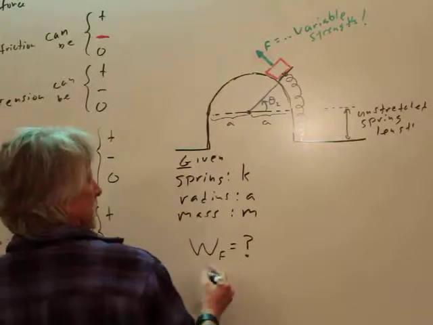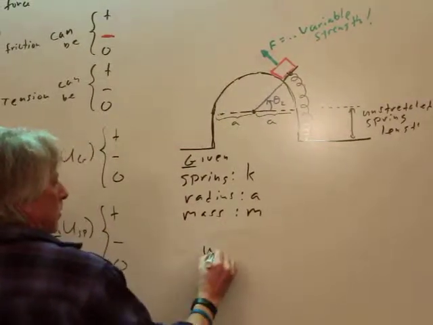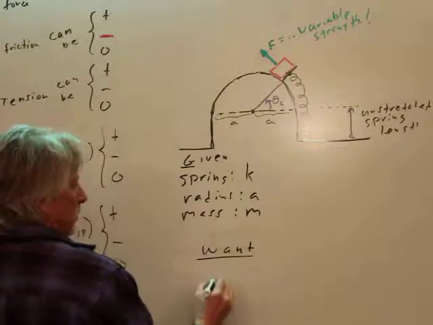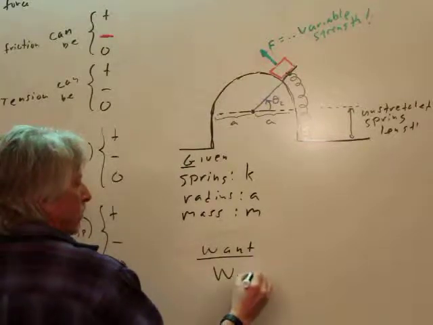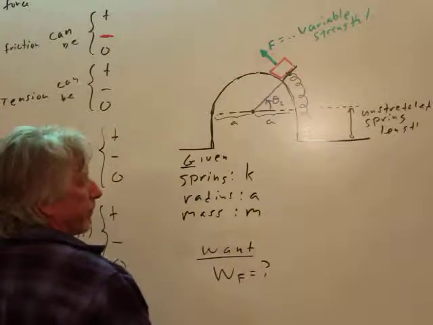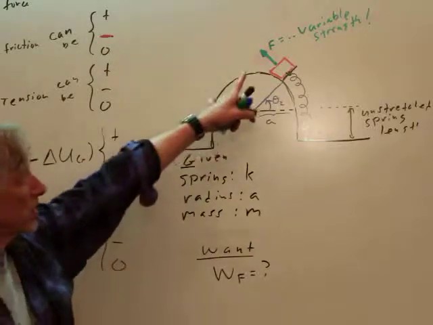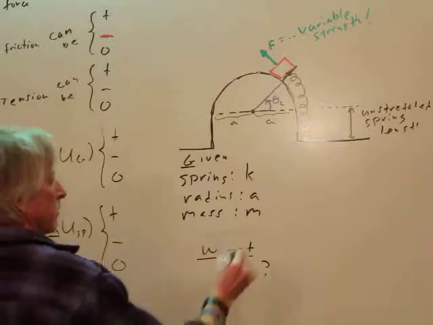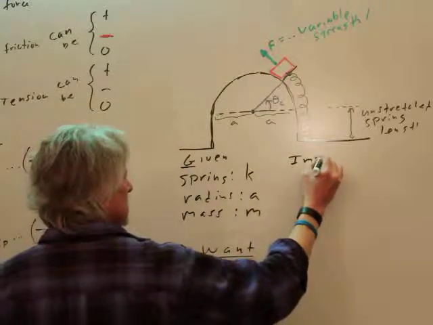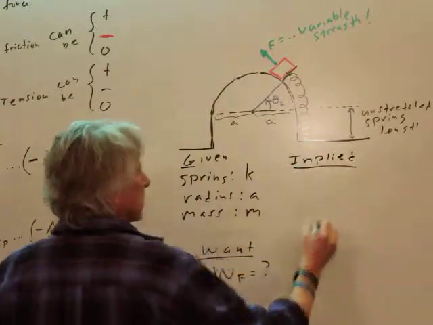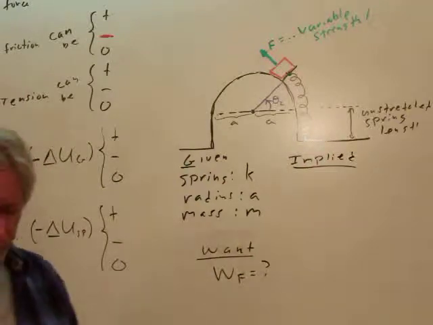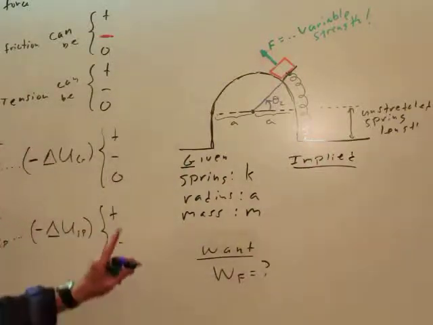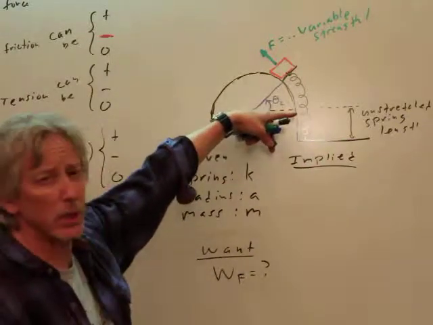And what we want is the work due to that force equal to whatever. But that force is variable. So what else is given or implied in this? Well, the problem statement says if we do this slowly.